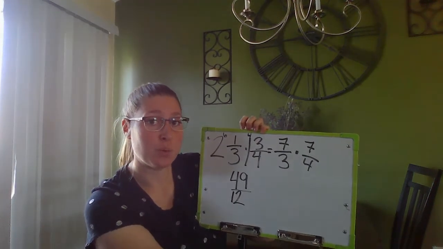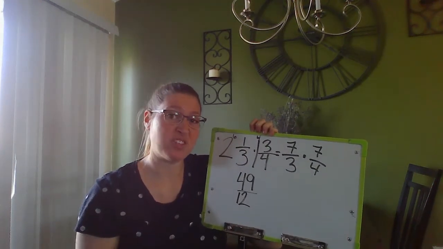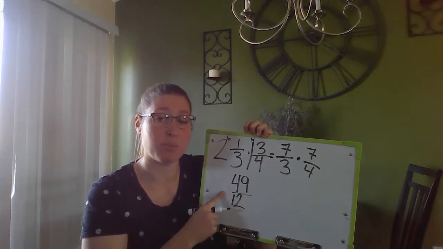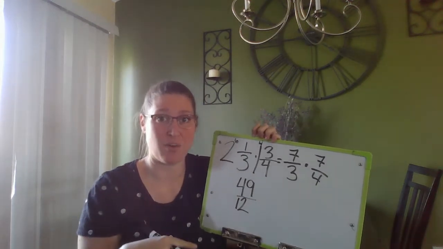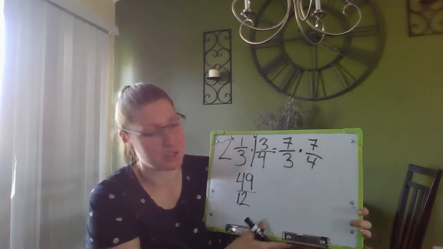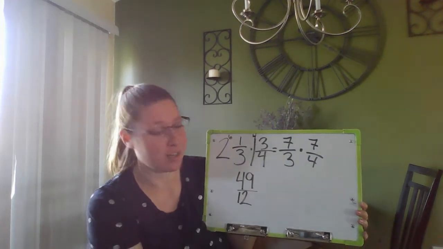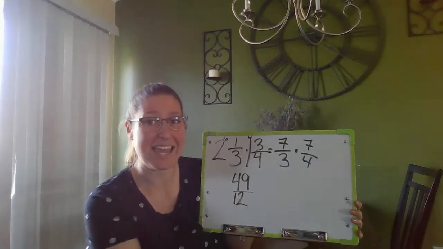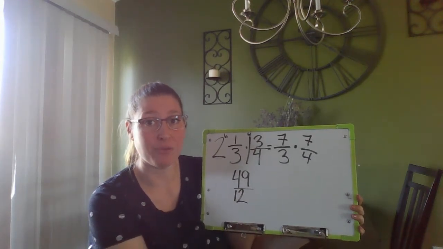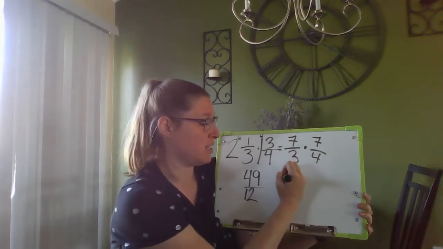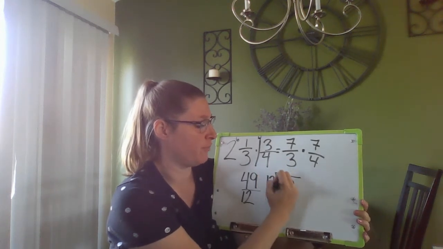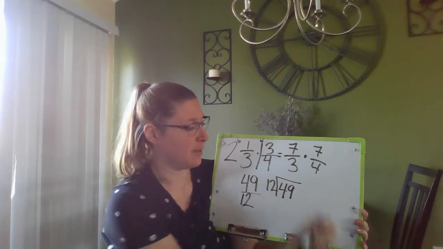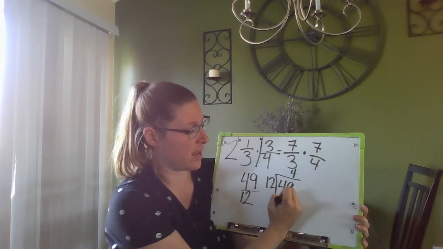Also, when I showed you guys in the previous video how to convert it into improper fractions, we learned how to take an improper fraction and make it back into where there are whole numbers. So we did it with division. I'm going to say, how many times can I take 12 away from 49? So if I do this as a division problem, 49 divided by 12. 12 times 4 is 48.